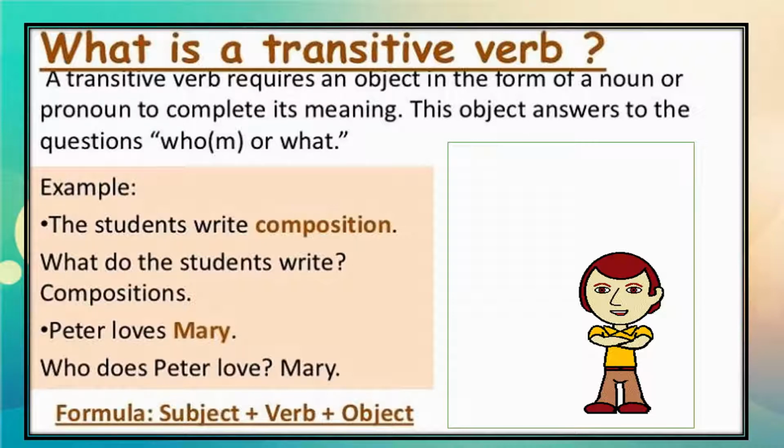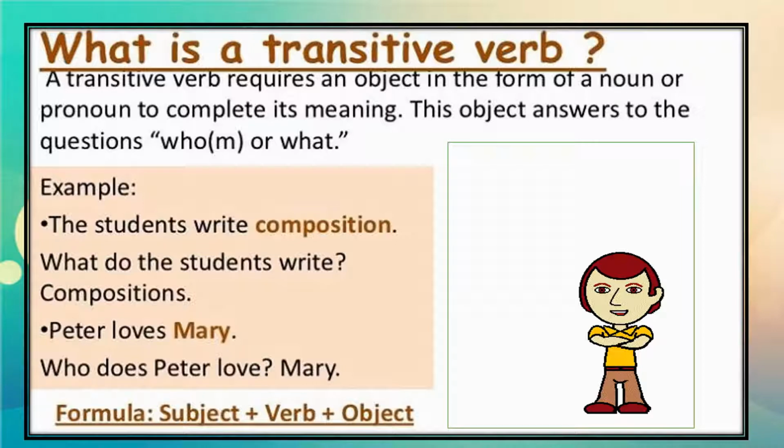The student writes a composition. What does the student write? You can ask yourself that question, and your answer comes: composition. So when the answer comes to your question, it means that it is a transitive verb.